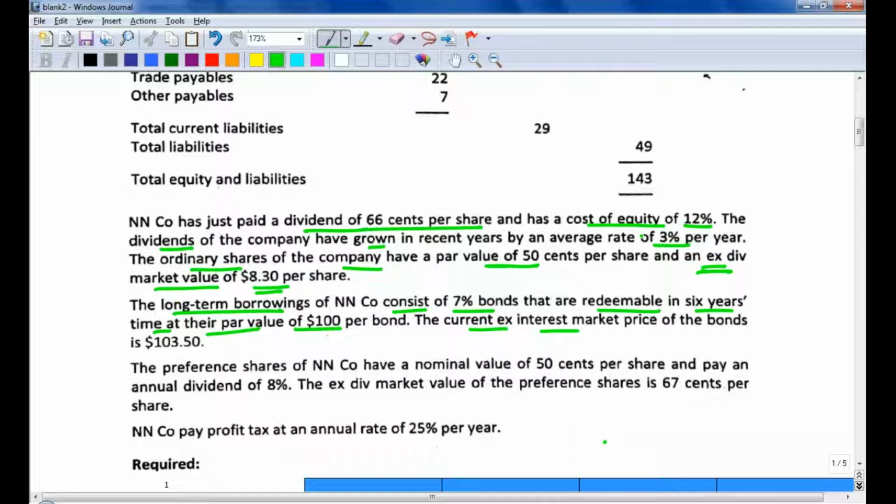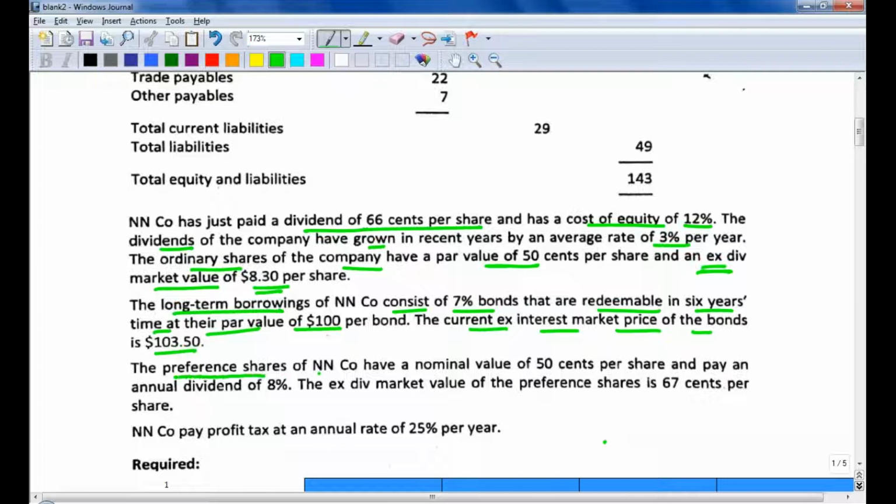Current ex-interest market price of the bonds 103.